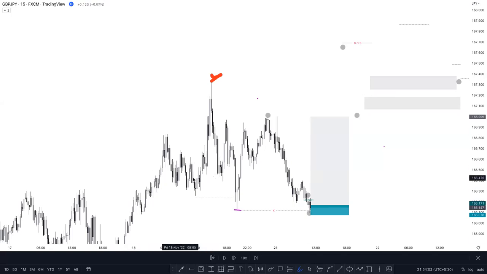This low is broken here. And if you buy here, then you can put the stop loss here. I mean, the target is here, but this low is already broken. So we can target here, right?